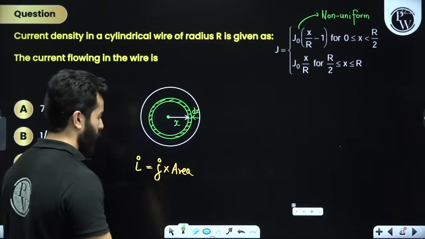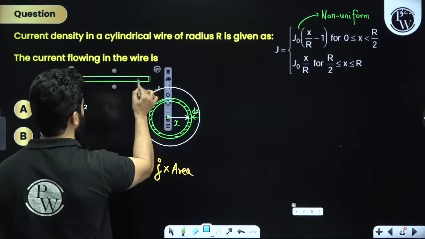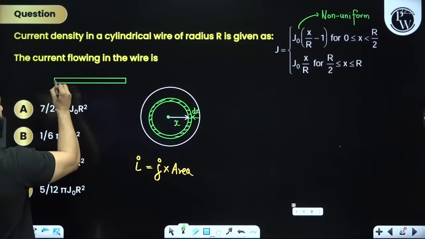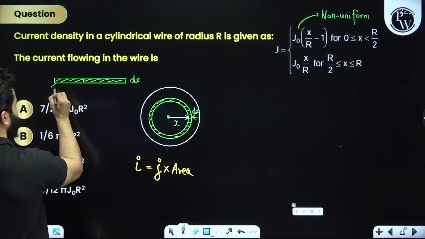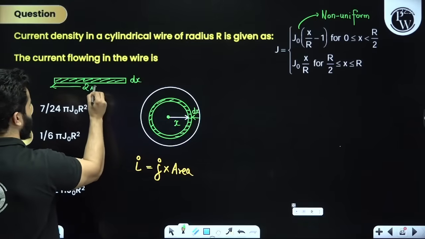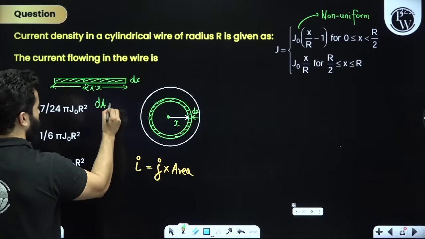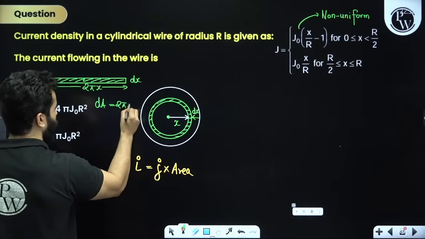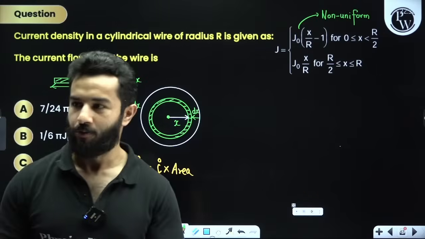Right? If you open this disk over here, it will look something like this. So this is the infinitely small width and this is going to be 2 pi into x. So its small area will be 2 pi x into dx. It's a nice problem, my dear friends, right? Pay attention.